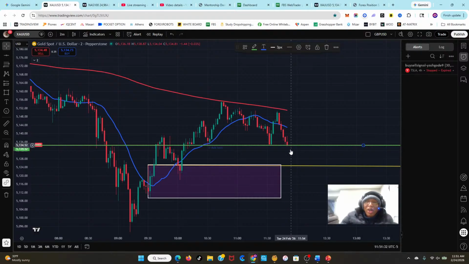Okay, it's gonna try to break. It did kiss it. It's kissing the line, kissing it further. There we go. Come on, gold. Yes, that's good. That's a big size bar, and it does have a push from the top.